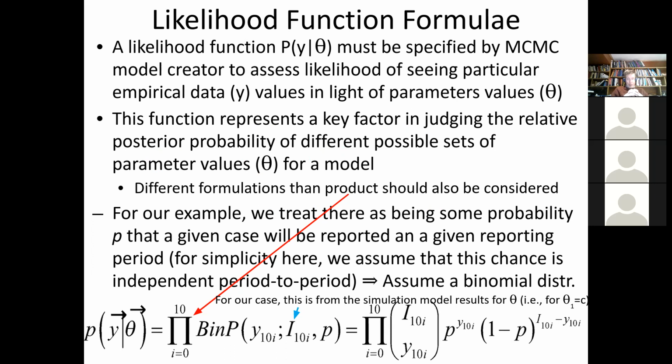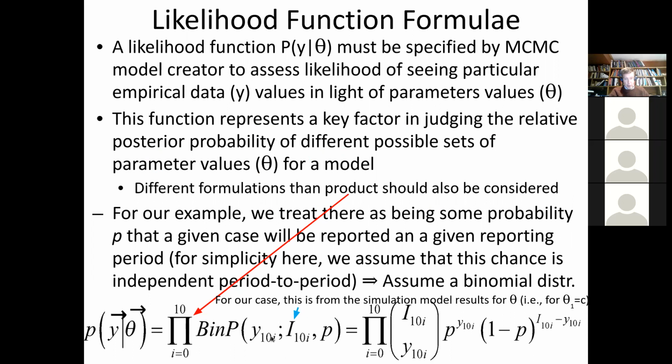So the idea here is that we have a set of observations every 10 days. And we have 10 such observations. So we're going to have observations Y at day 0, day 10, day 20, day 30, all the way up to day 100.